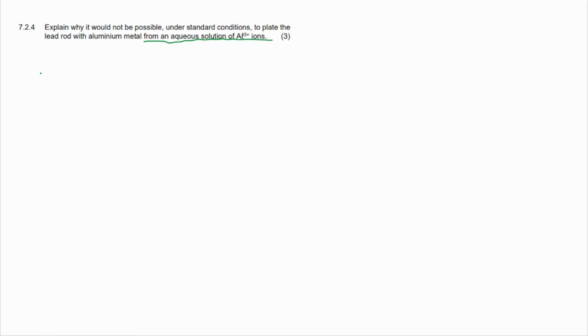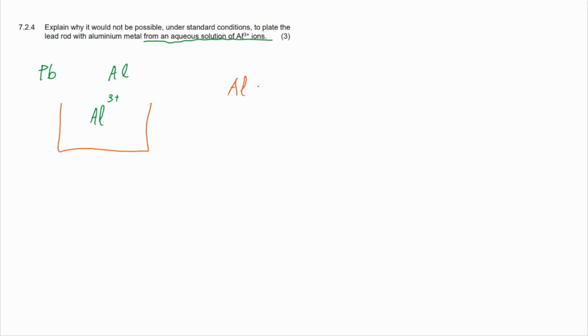So we need to be looking at solid lead and solid aluminium, and we need to be looking for these aluminium 3+ ions. Because we're going to have a solution of these aluminium 3+ ions, and then we're going to be having a lead rod, right? And we're going to be trying to coat that with aluminium metal.